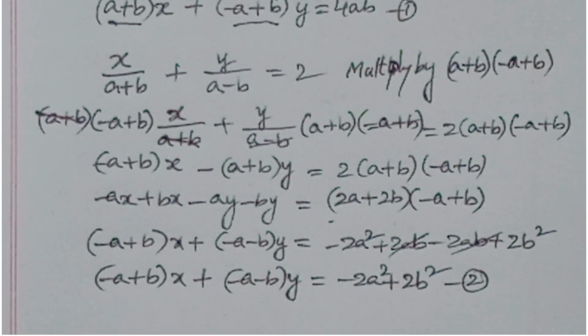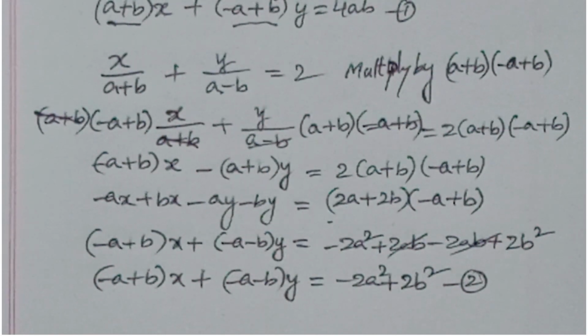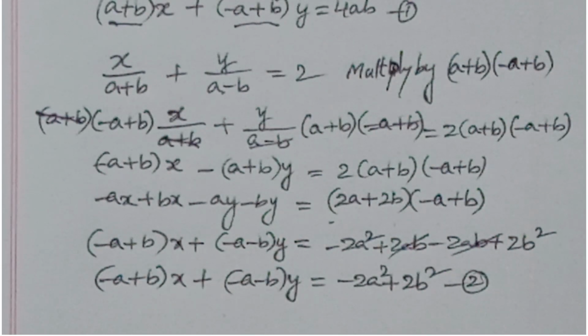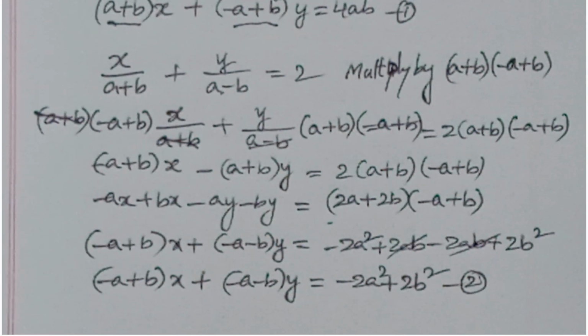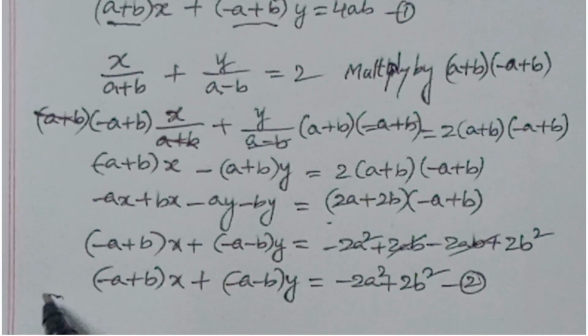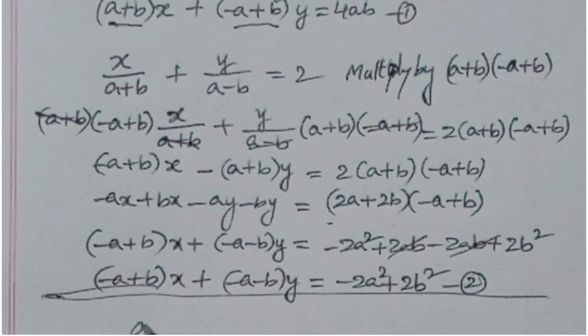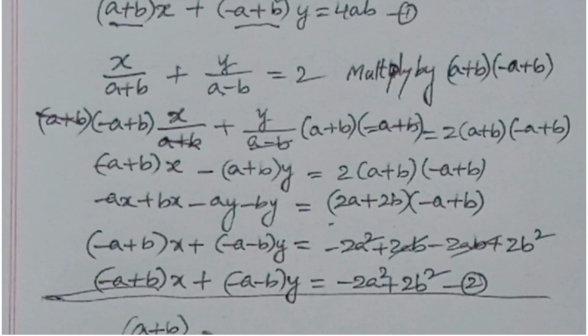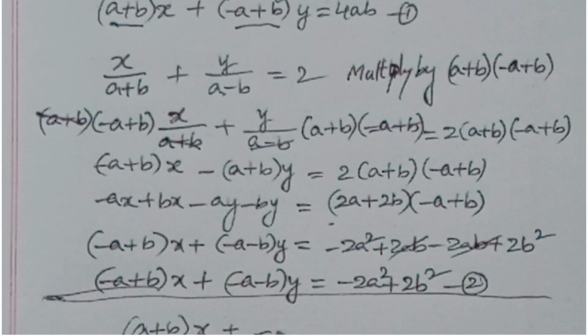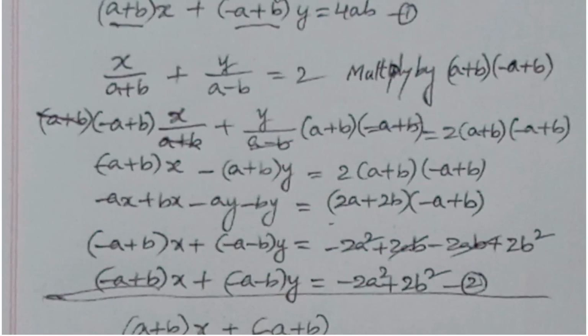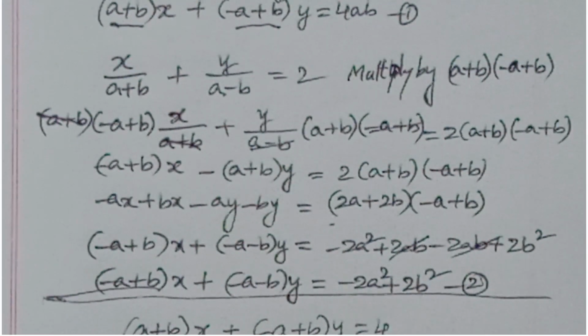Now from the first equation, if you find the value of x: (a+b)x - (a-b)y = 4ab.